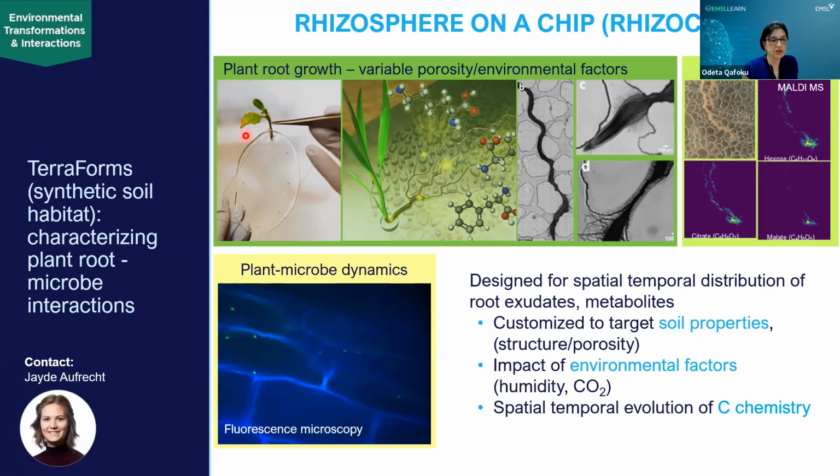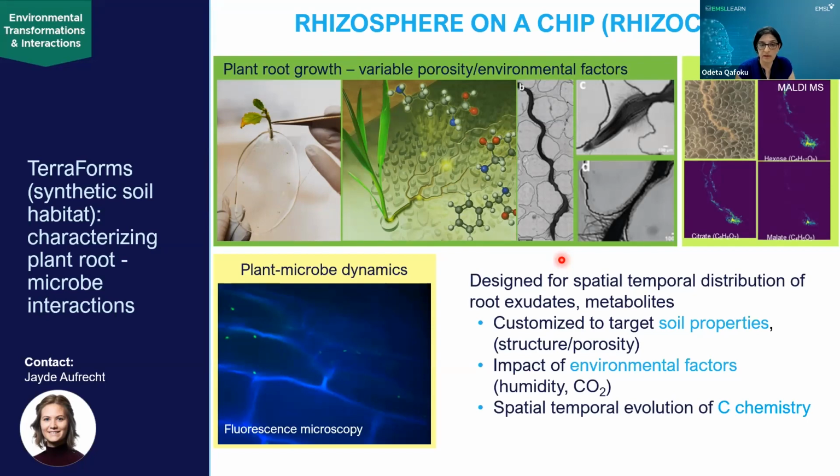It is shown by these pictures here, and by a couple of other images. This device is targeting physical soil properties, such as soil pores and soil structure, and how they impact root growth.